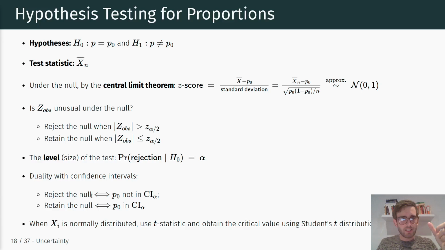And so that's basically equivalent to rejecting the null hypothesis that the true population parameter is equal to p0 at that given confidence level, right?